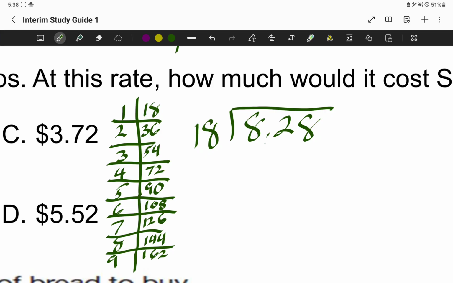Well, closest I can get to 82 without going over is 72. And so that's a 4. And so we subtract. And we bring down the 8. Well, 108 is 6.